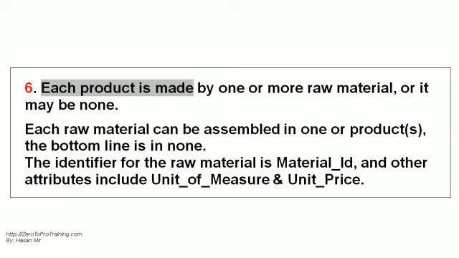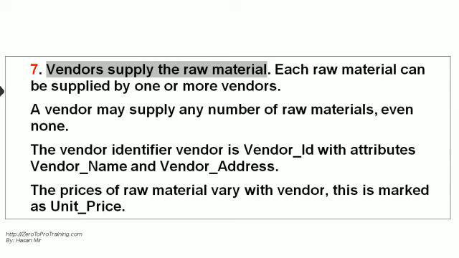Next, 6. Each product is made of one or more raw materials, or it may be none. Each raw material can be assembled in one or more products, or none. The identifier for the raw material is material_id, and other attributes include unit_of_measure and unit_price. Next, 7. Vendors supply the raw material.